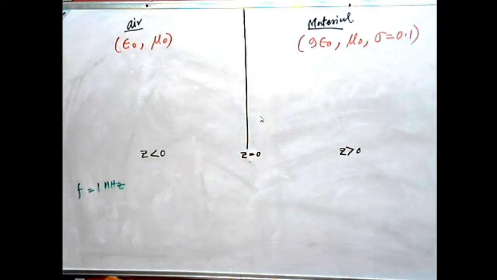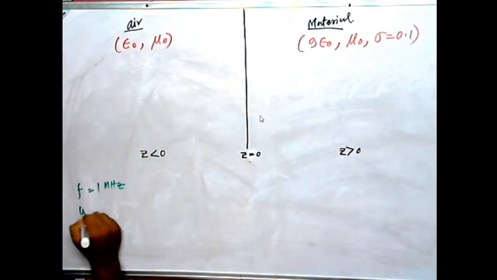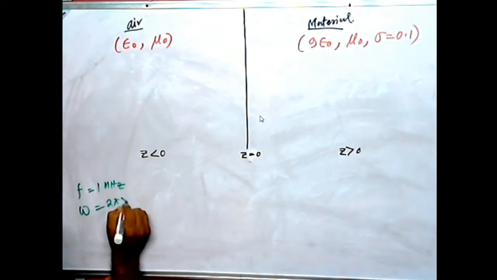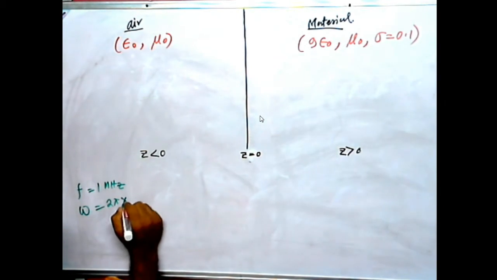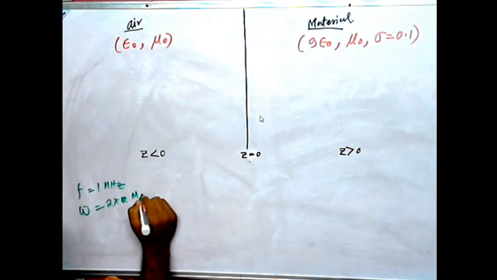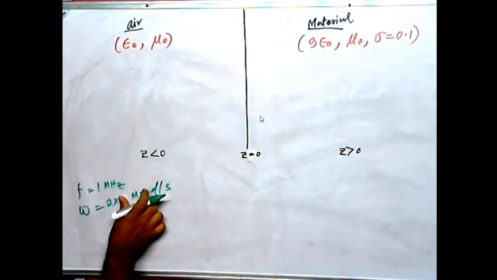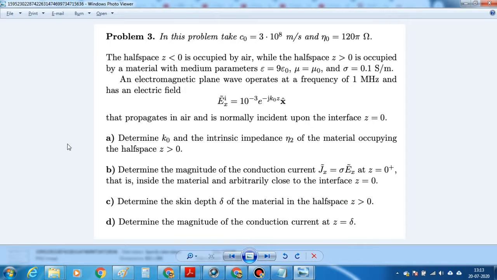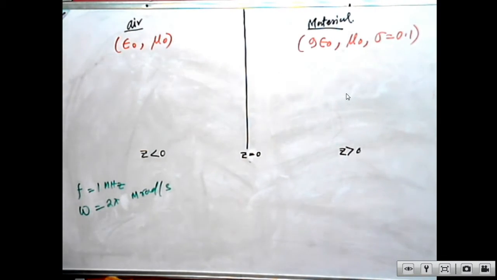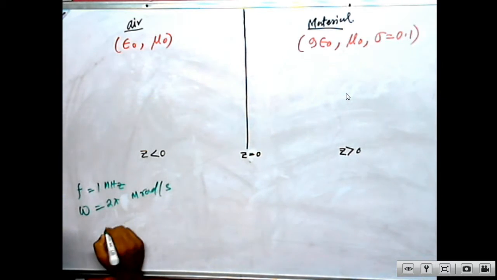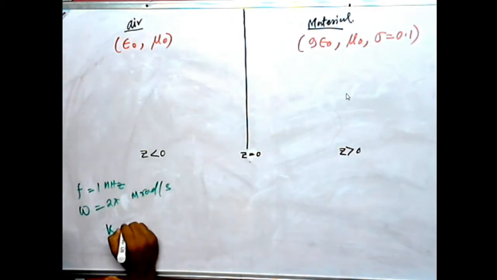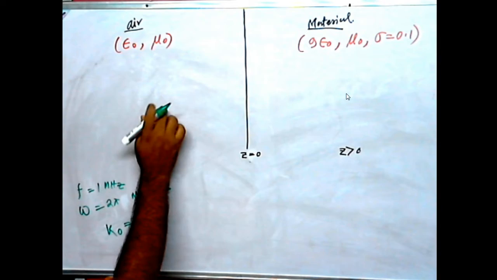So you can find the omega. Omega is 2π times f, that is 2π × 10^6 radians per second. In the first question you have to determine k0. Generally k0 is beta, the phase constant in this medium, air.